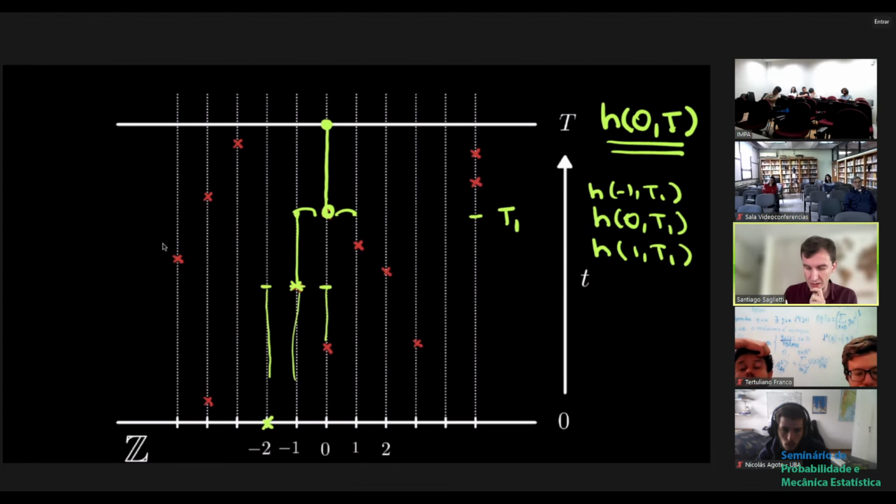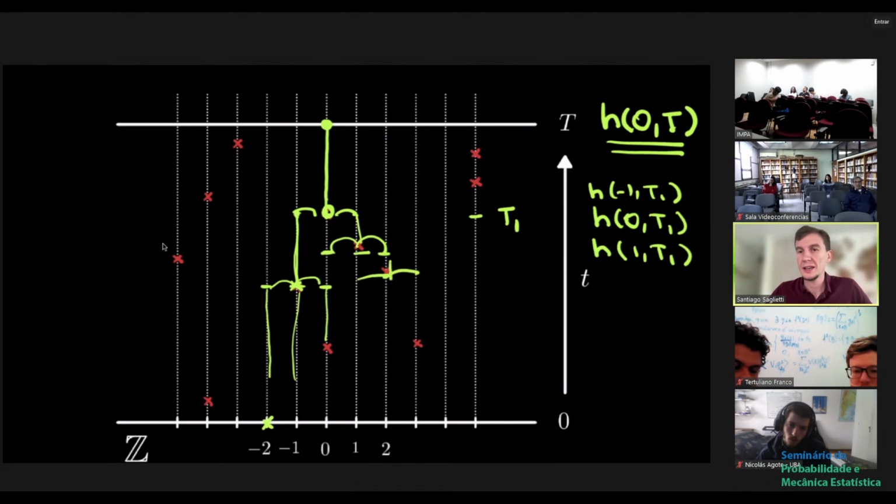And I need to do this for each of these columns. So this one gave me that one, and this one will also require me to compute the height at this time for these 3 columns, and then, you get the idea.